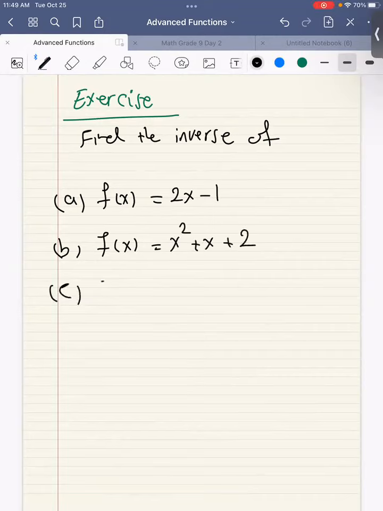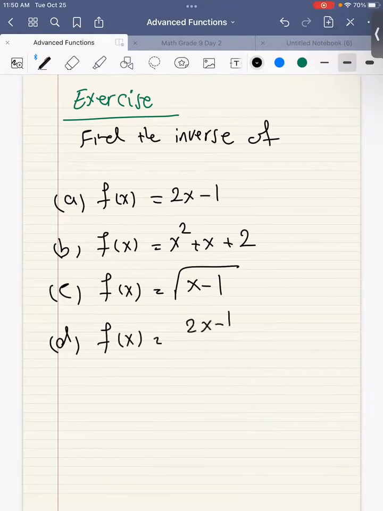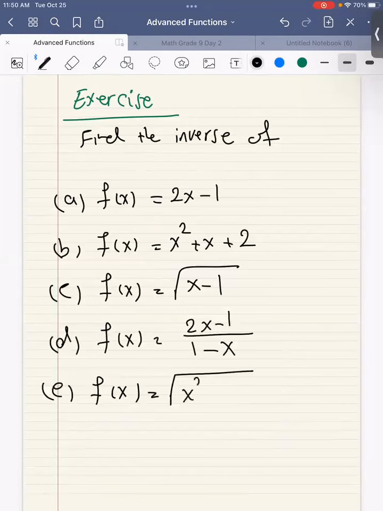C, f of x is the square root of x minus 1. D, f of x is equal to 2x minus 1 over 1 minus x. E, f of x is equal to the square root of x squared plus x plus 1.